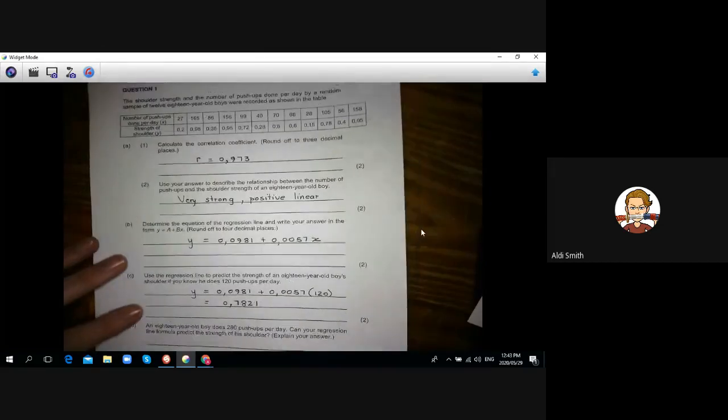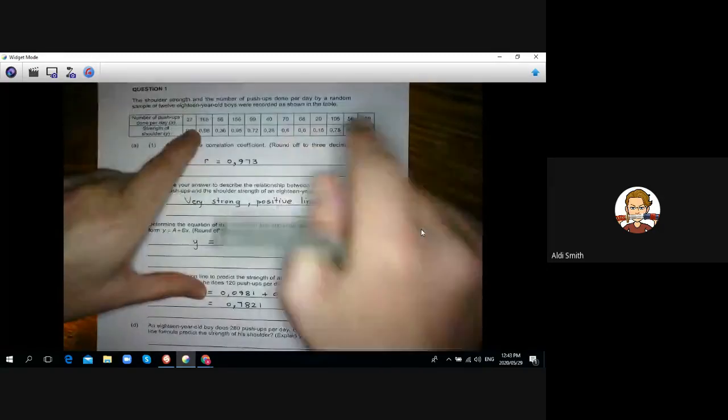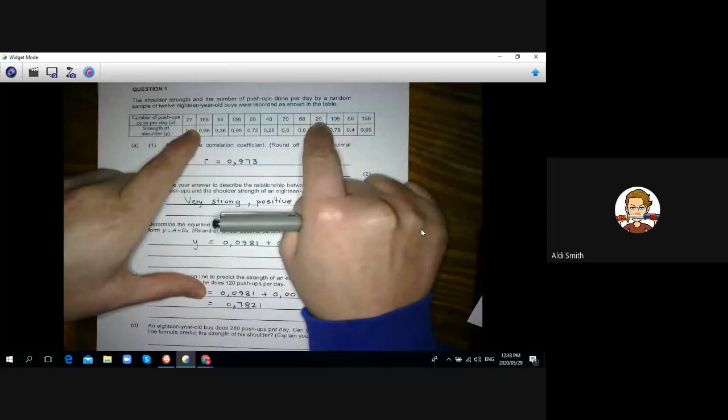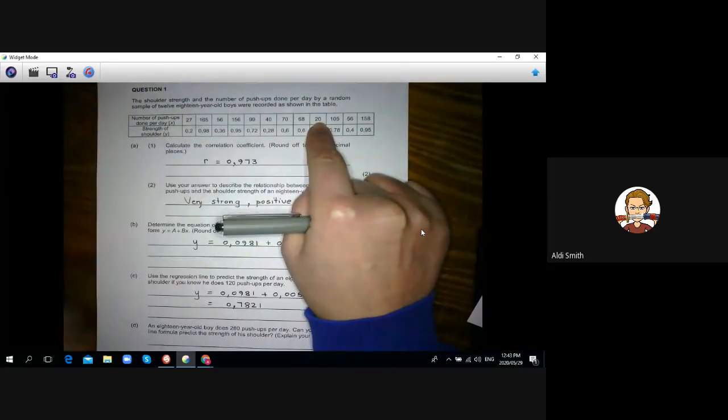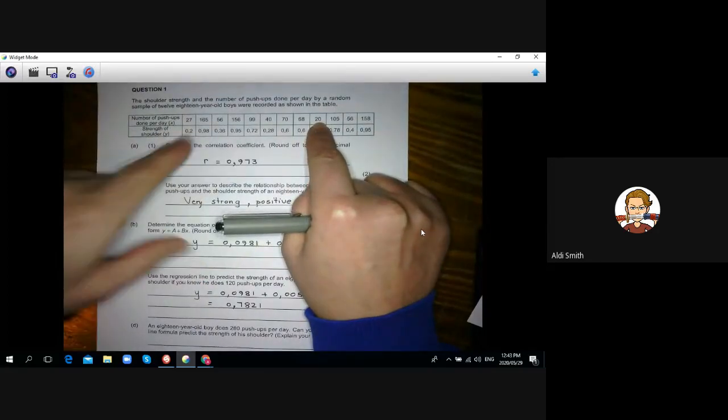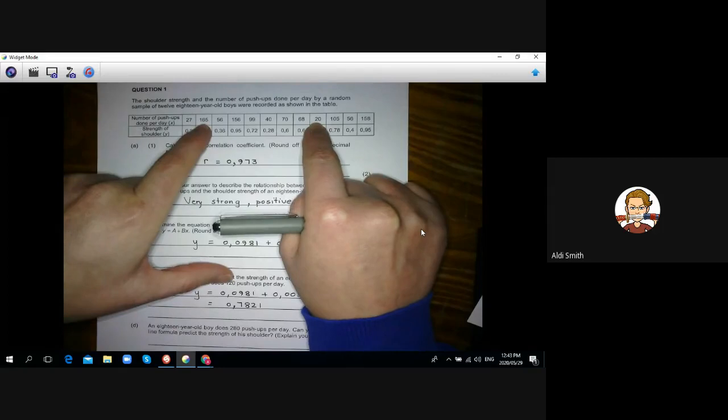If I look at x over here, the smallest x value that we had there was 20. The largest x value in the original data was 165. So if I substitute an x value into the line between 20 and 165, we call it interpolation, because the value lies within the interval or within the domain of the x values.